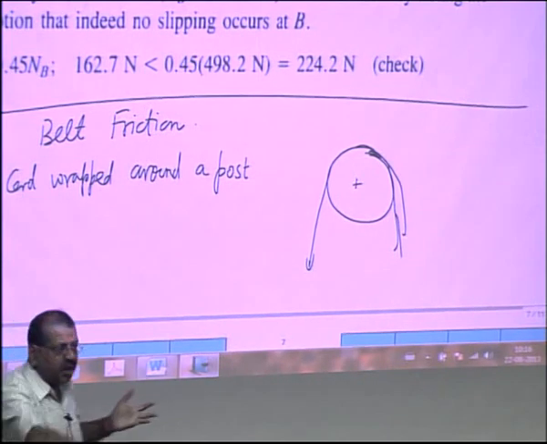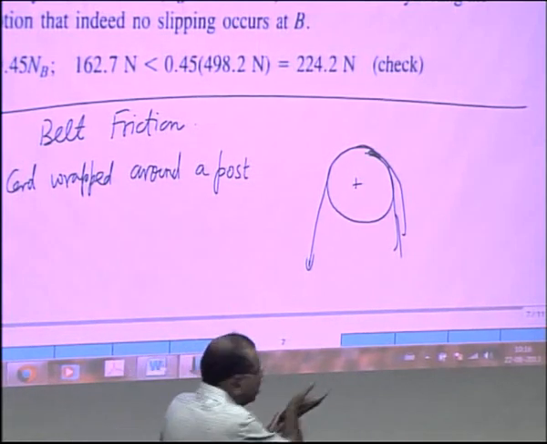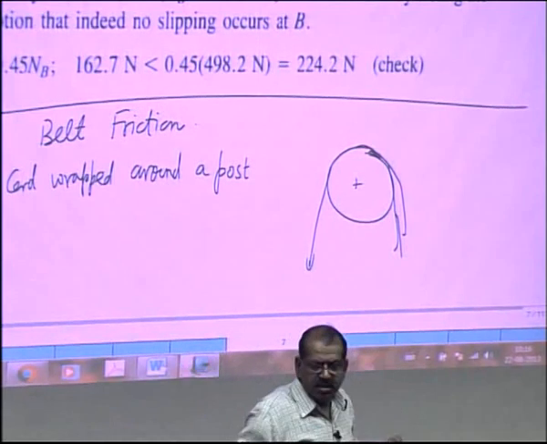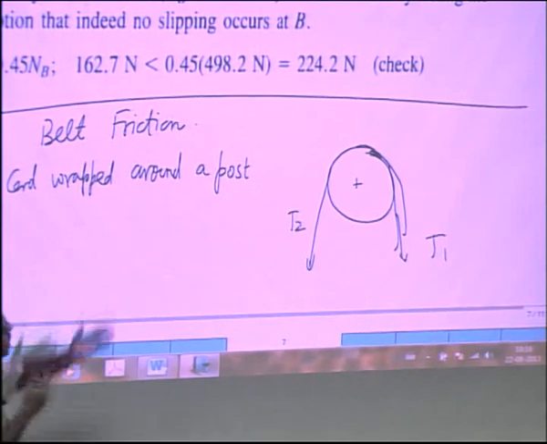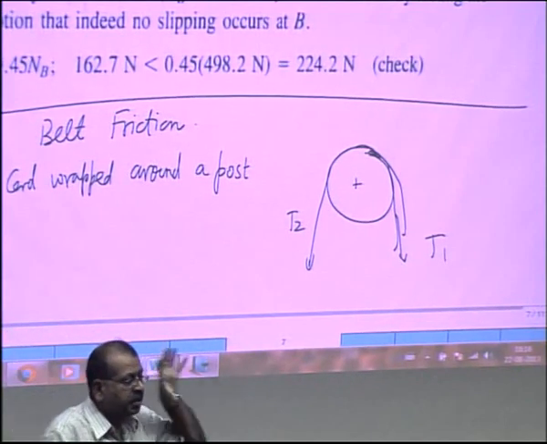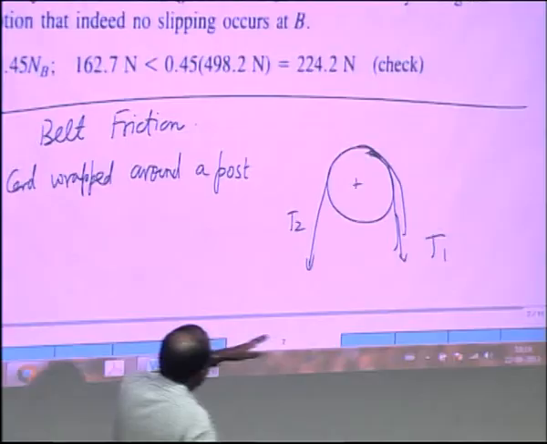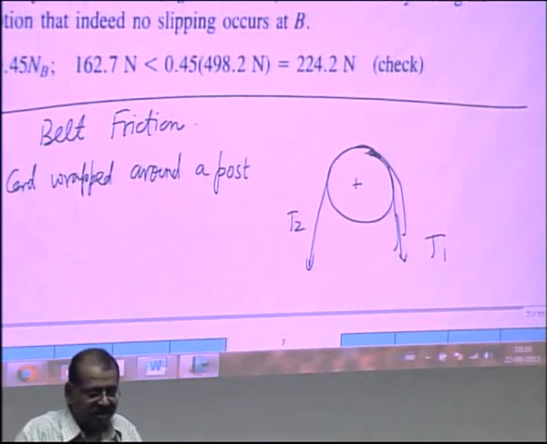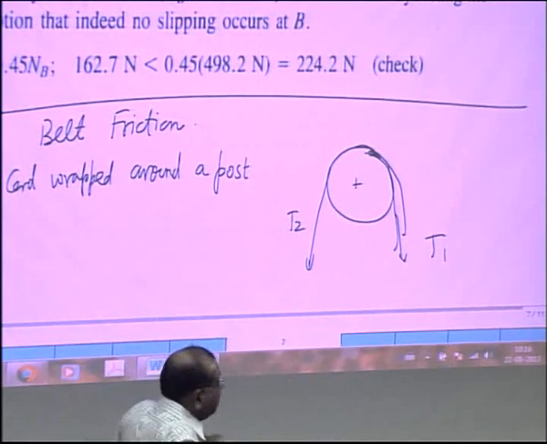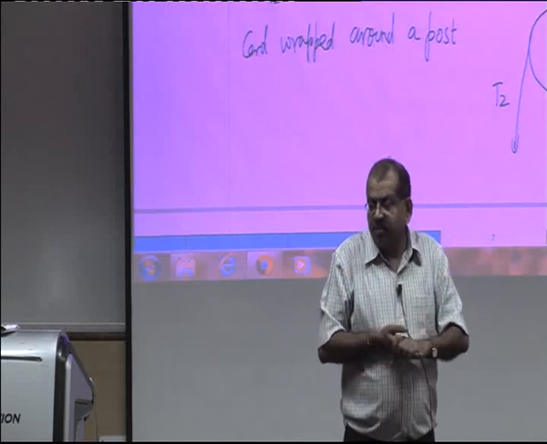We will derive this formula for a circular post or circular pulley, whatever you may call it, but in general this could work even for non-circular things. When we say that the post is frictionless or there is no friction on the belt, then we get T1 is equal to T2. But if there is friction, then it turns out that for impending motion to take place, T1 will not be equal to T2, and this will be related to the friction force.